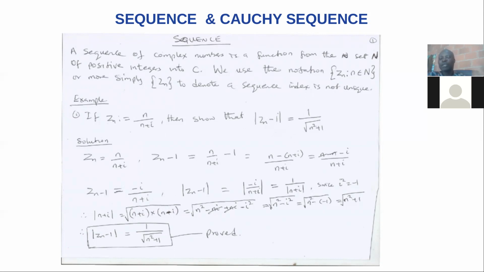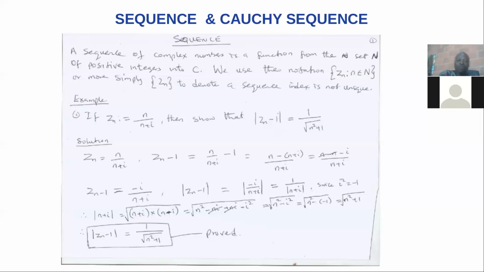So the sequence of the buildings in the town is more or less what we call a sequence of complex numbers. So we use the notation Z of n such that n is an element of capital N. That is, each house in that town, 1, 2, 3, 4, is part of the town. Or, more simply, we say Z of n denotes the sequence; the index is not unique.